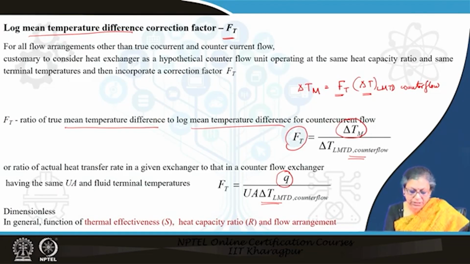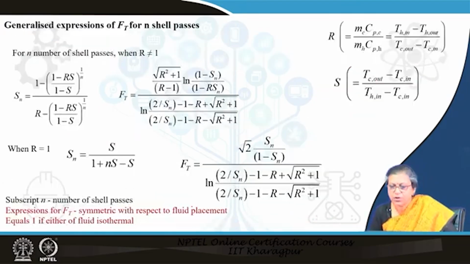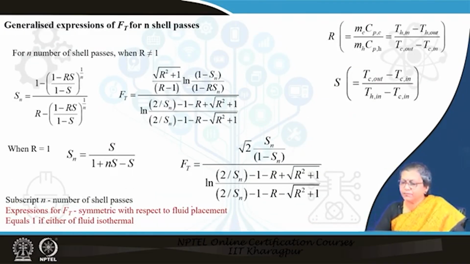And the other parameter on which Ft depends is the heat capacity ratio. The heat capacity ratio, quite naturally, this R is equal to mc Cpc by mh Cph. So by convention the S is defined in terms of the cold fluid temperature range divided by Th,in minus Tc,in, and R is defined the way I have told you.